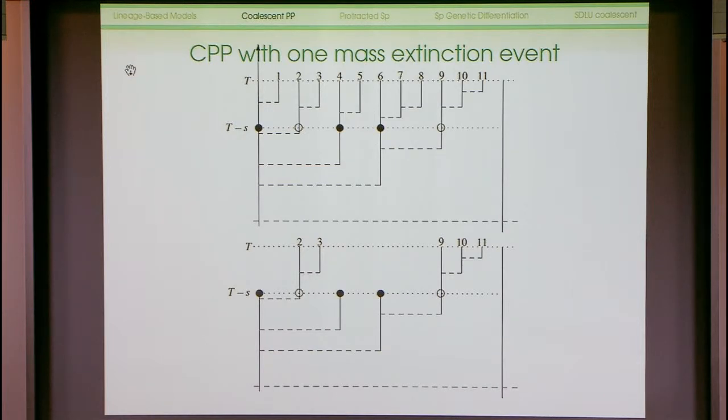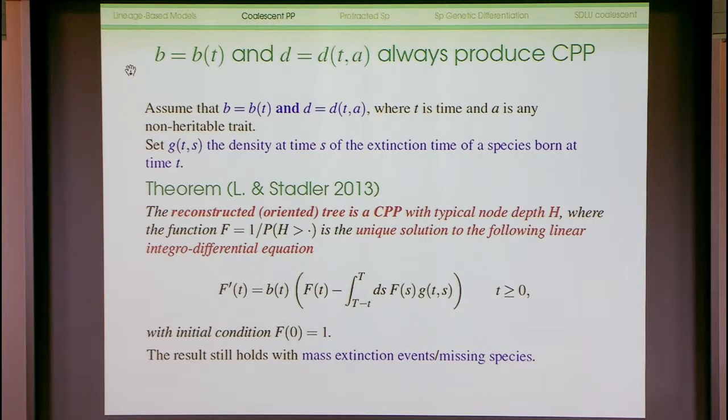So when we know that we have a certain fraction x of species that are missing from the subset, we can model the phylogenetic tree by assuming here that s equals 0, and putting bullets here at present time. And so this statement is also valid when there are mass extinction events or missing species.